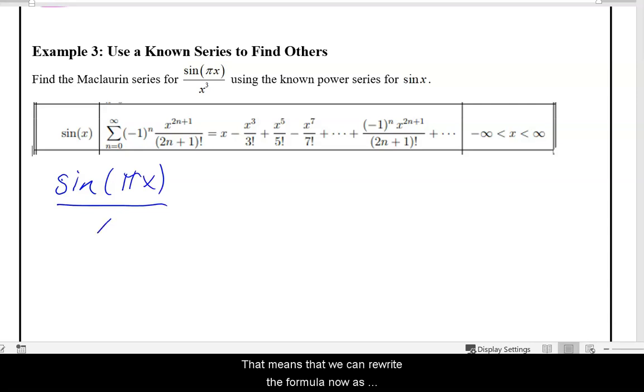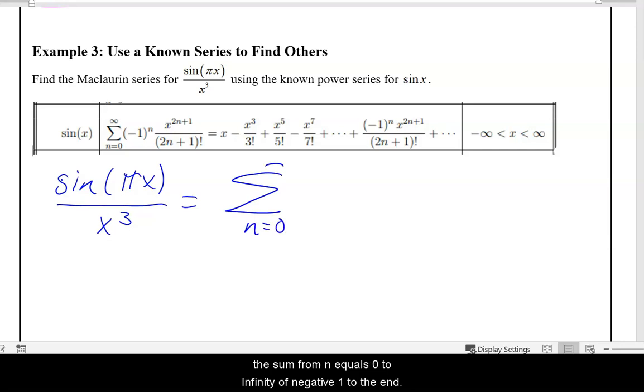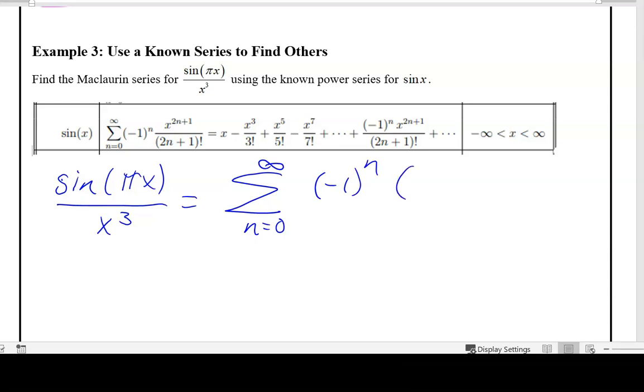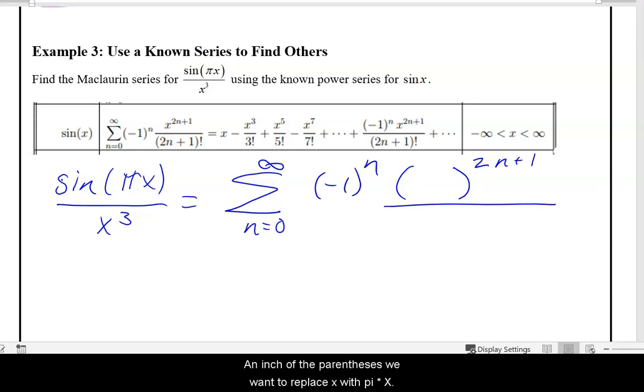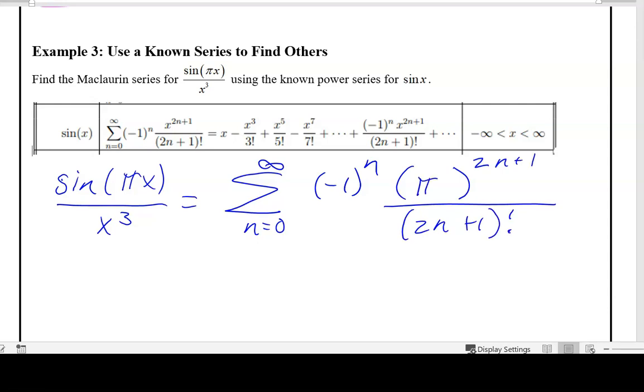That means that we can rewrite the formula now as the sum from n equals 0 to infinity of negative 1 to the n, open up empty parentheses to replace the variable x, and into the parentheses, we want to replace x with pi times x.